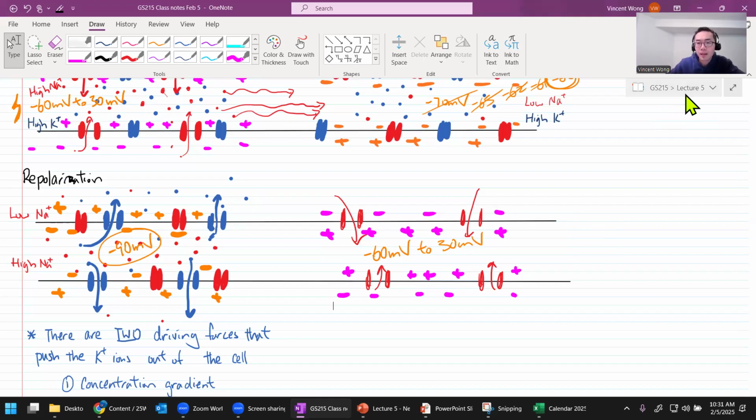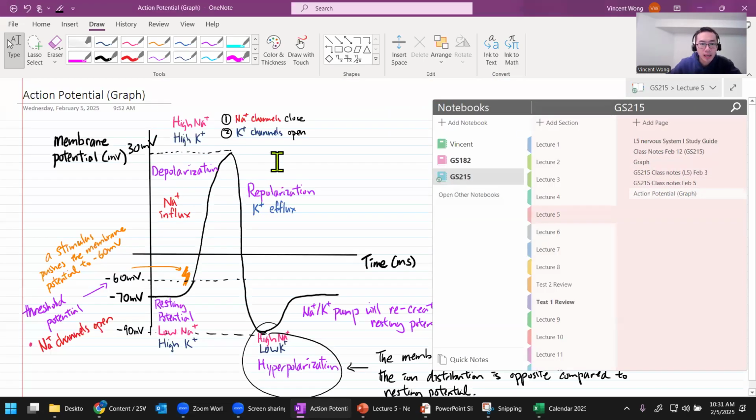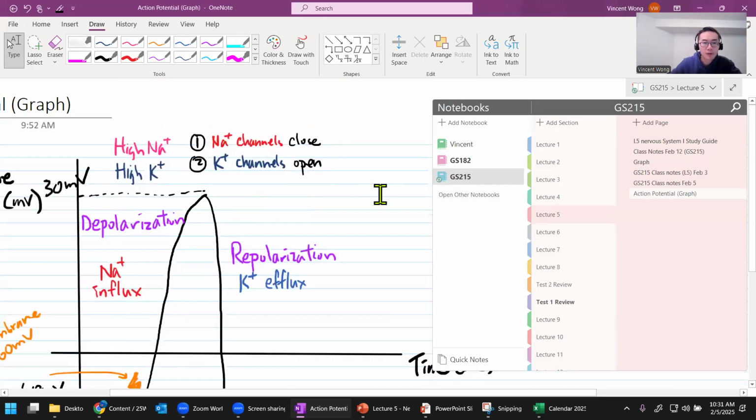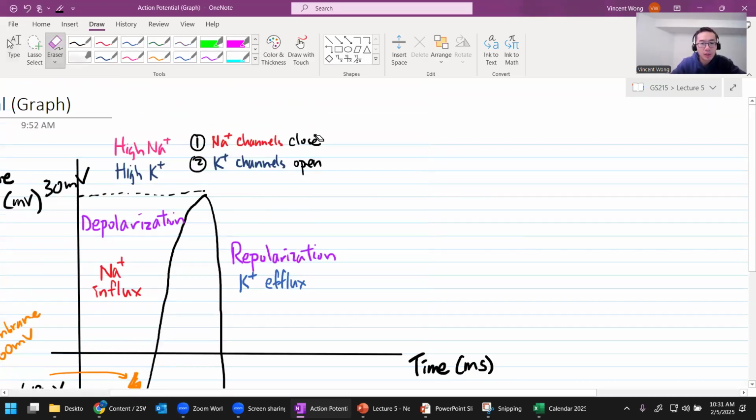Okay, so on our graph here, I am gonna add one more thing for you. Once you reach positive 30, the sodium channel closes, the potassium channel is open, and number 3, sodium channels further down the axon open.